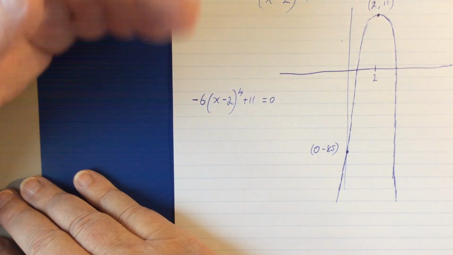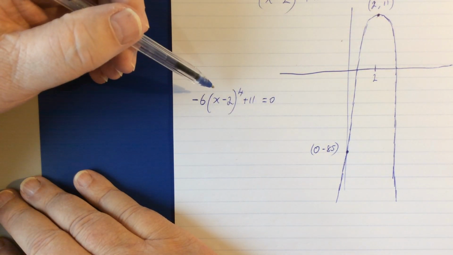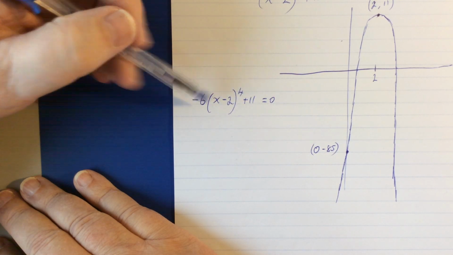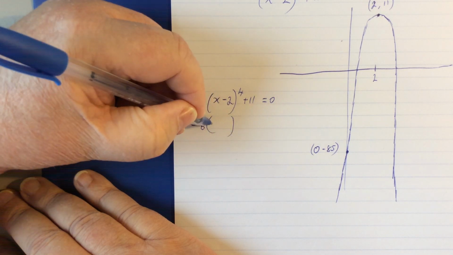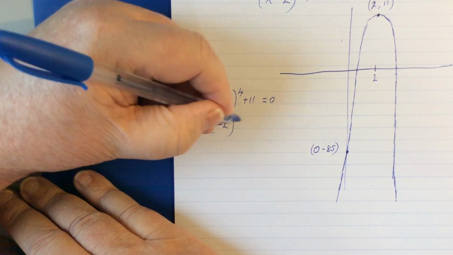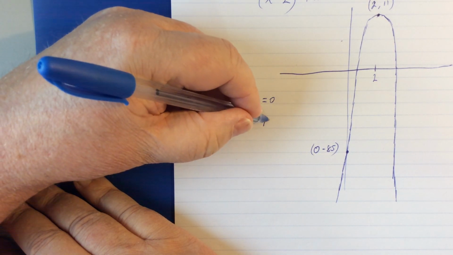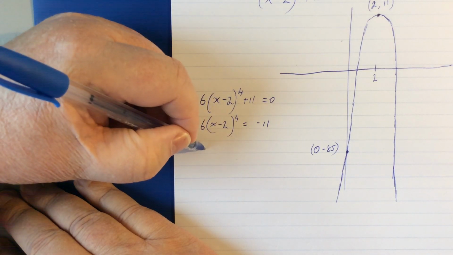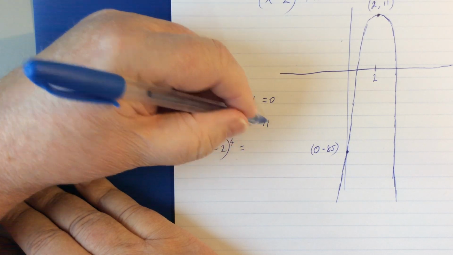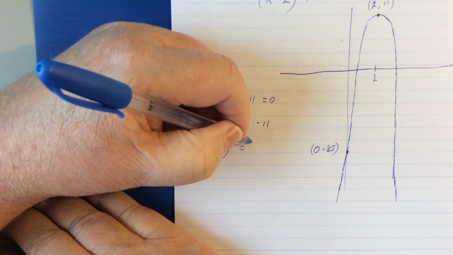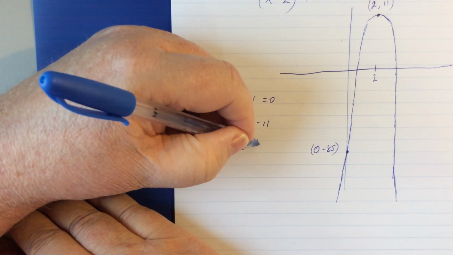We should get, and we will get, two answers to this. So let's go to work. Negative 6 times x minus 2 to the 4 equals negative 11. So x minus 2 to the power of 4 equals negative 11 over negative 6, which is 11 over 6.